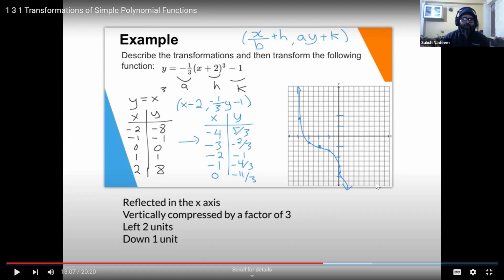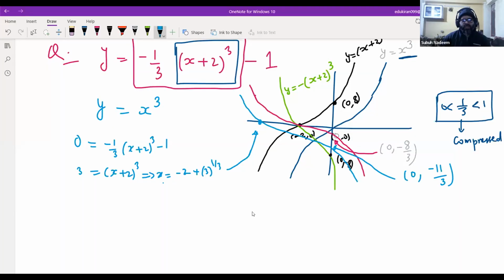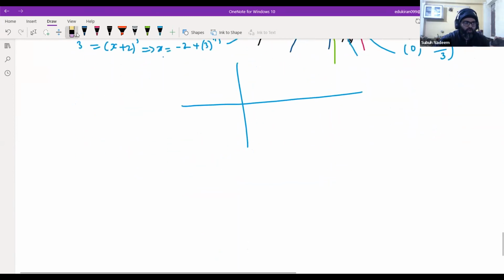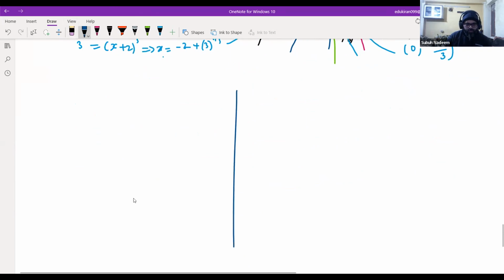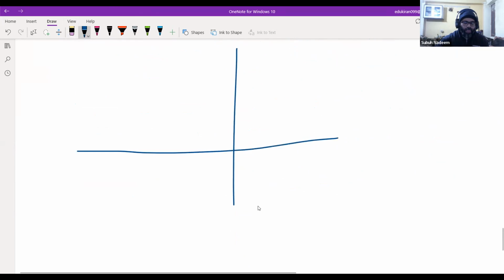Okay. What we have done here is simply done it. You can write the values also, but that is a wastage of time. So x cube graph was known to us. Just see here, I'm drawing it fresh. So this was the x cube graph.